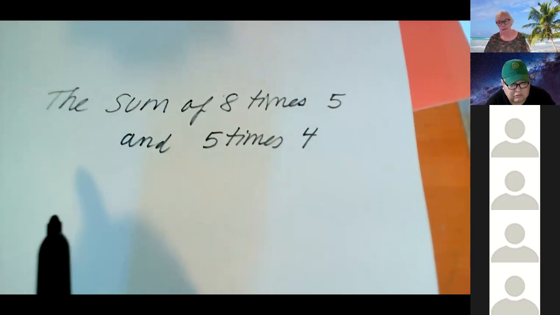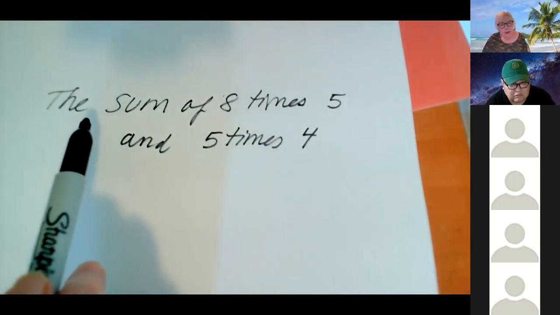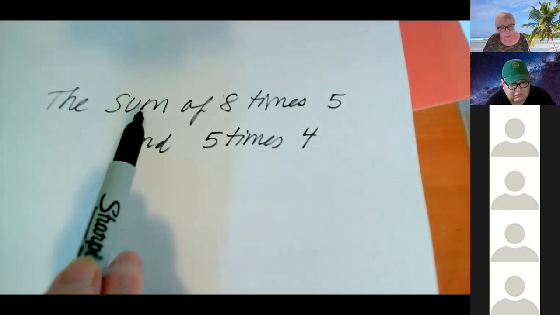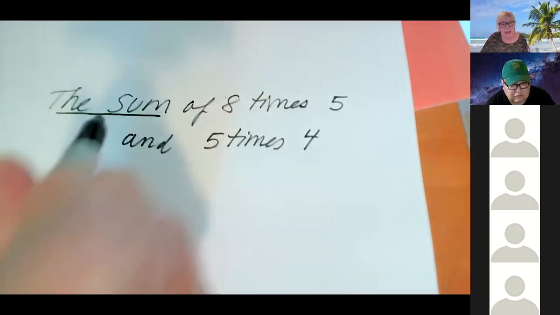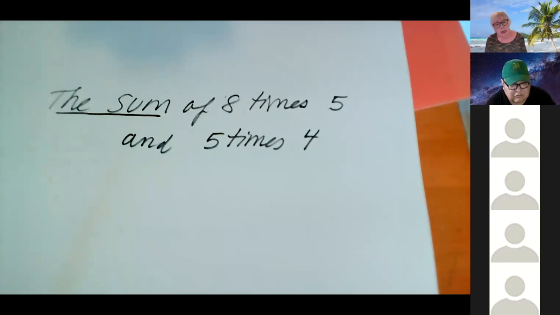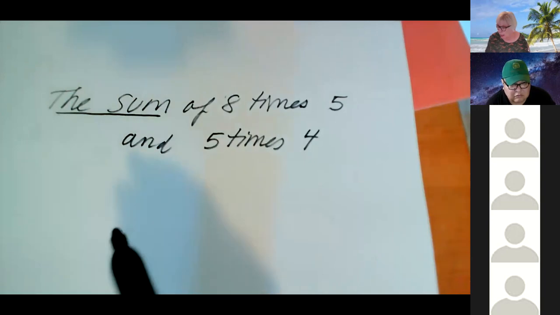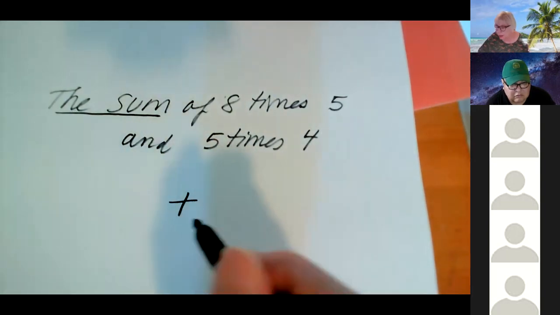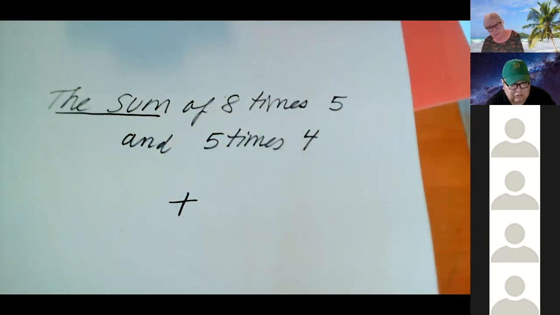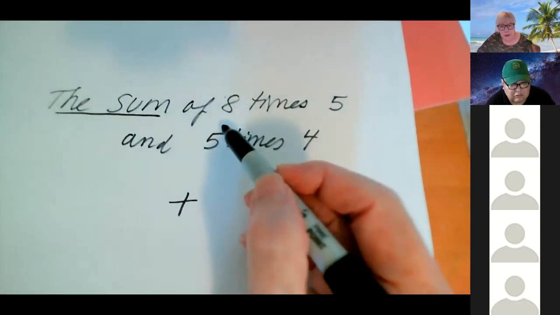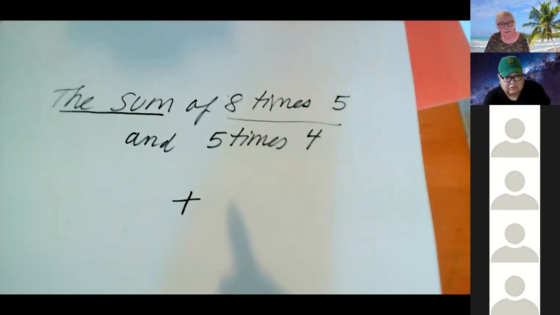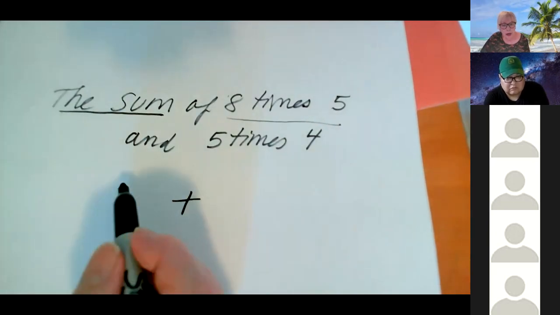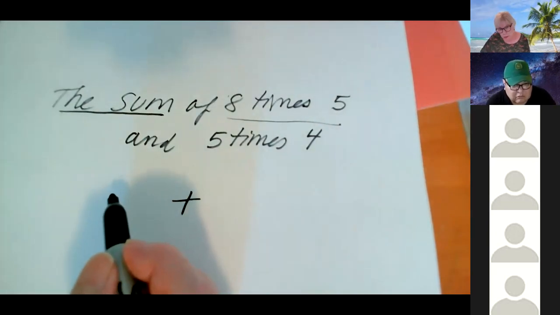I love math. And so the thing here is the sum. This first piece is what dominates. And so it's a sum, and so it's really going to be two things added together. Now, the first is 8 times 5. How would I write 8 times 5?